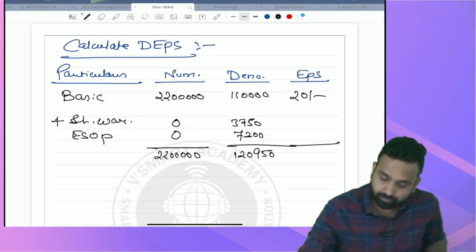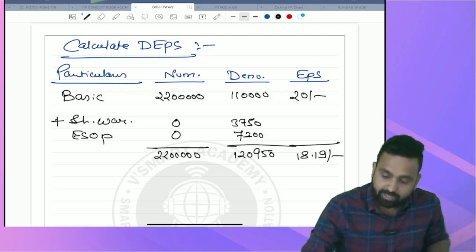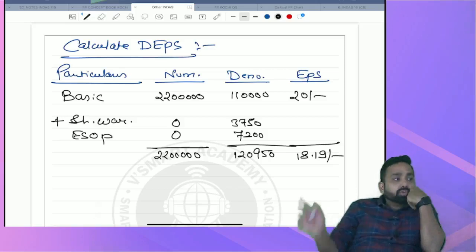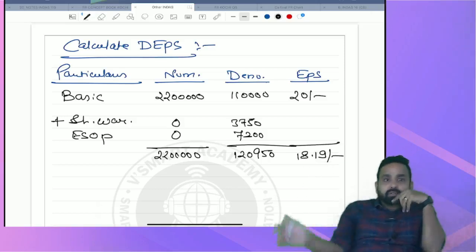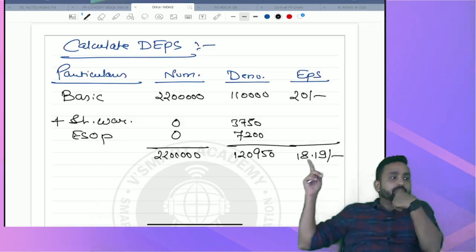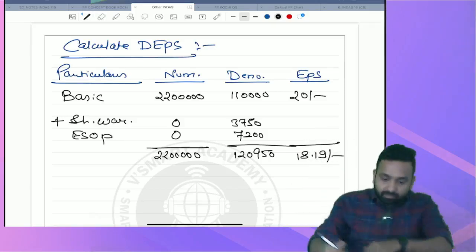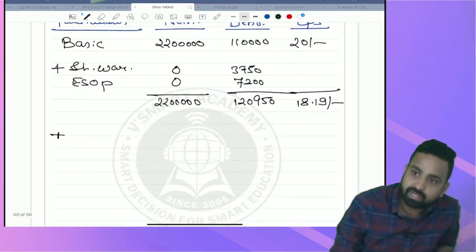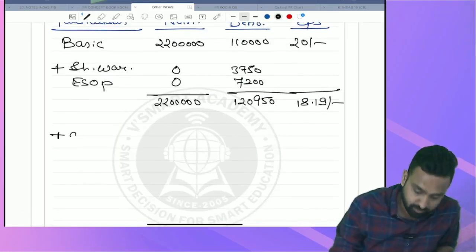18.19. Is it diluted? Yes. But there are more chances of dilution again. It has so much potential to be diluted once again. Now second rank. Convertible debentures.